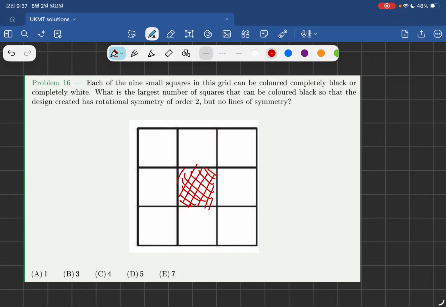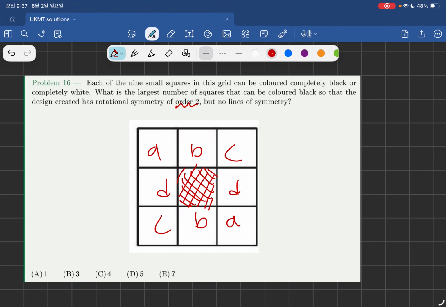And to have a coloring which has a rotational symmetry of order 2, each pair of opposite squares, that is the pairs labeled A, B, C, and D in the diagram, must be the same color.